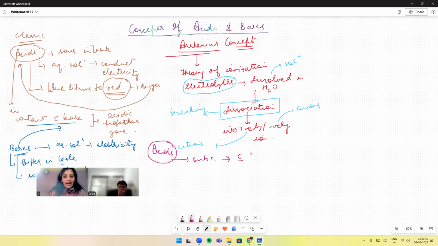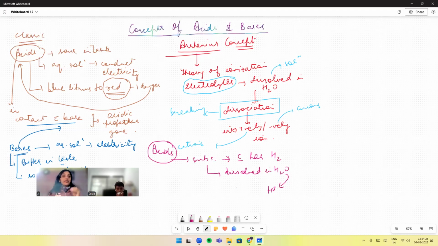And when this substance is dissolved in water, it is going to form ions, and the ions formed are hydrogen ions. Is this clear? So according to Arrhenius, acids are substances containing hydrogen, and when dissolved in water, they form hydrogen ions.